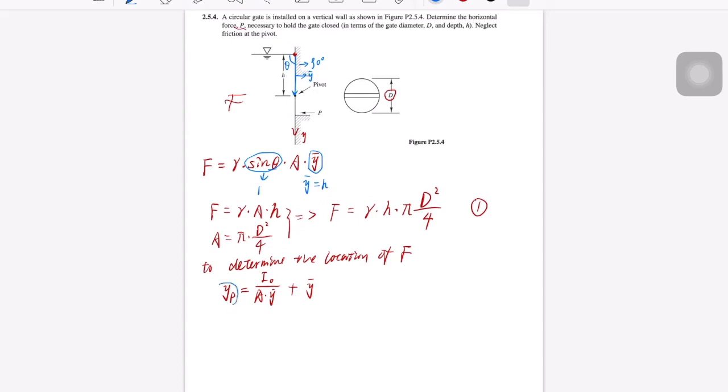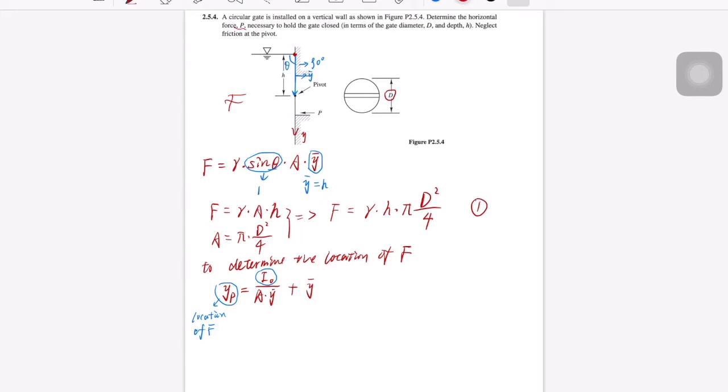The y sub p is the distance measured from the x-axis to the center of pressure. Actually, yp is the location of F, and I sub 0 is the moment of inertia of the gate.